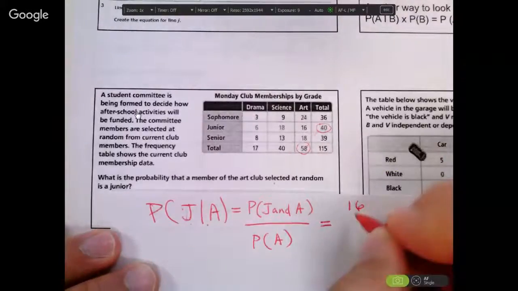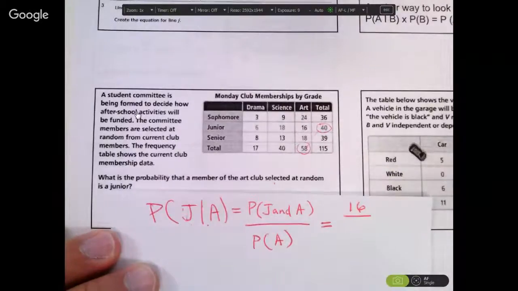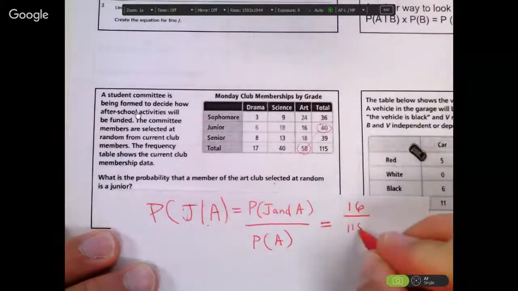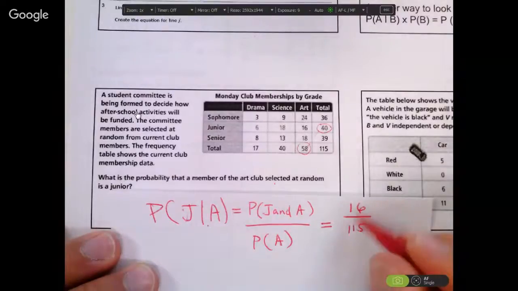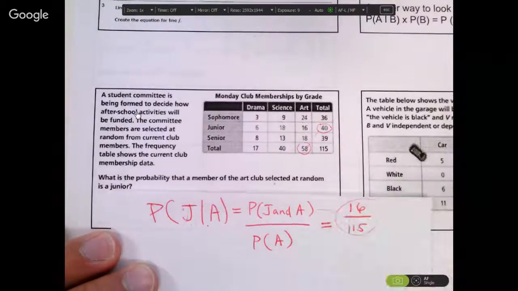Out of how many? Out of all of them. This is where I made my mistake. Wait, I thought the A stands for art. Wouldn't it be 58 though? Oh. And then this is just the top. Divided by, what's the probability of being in art?